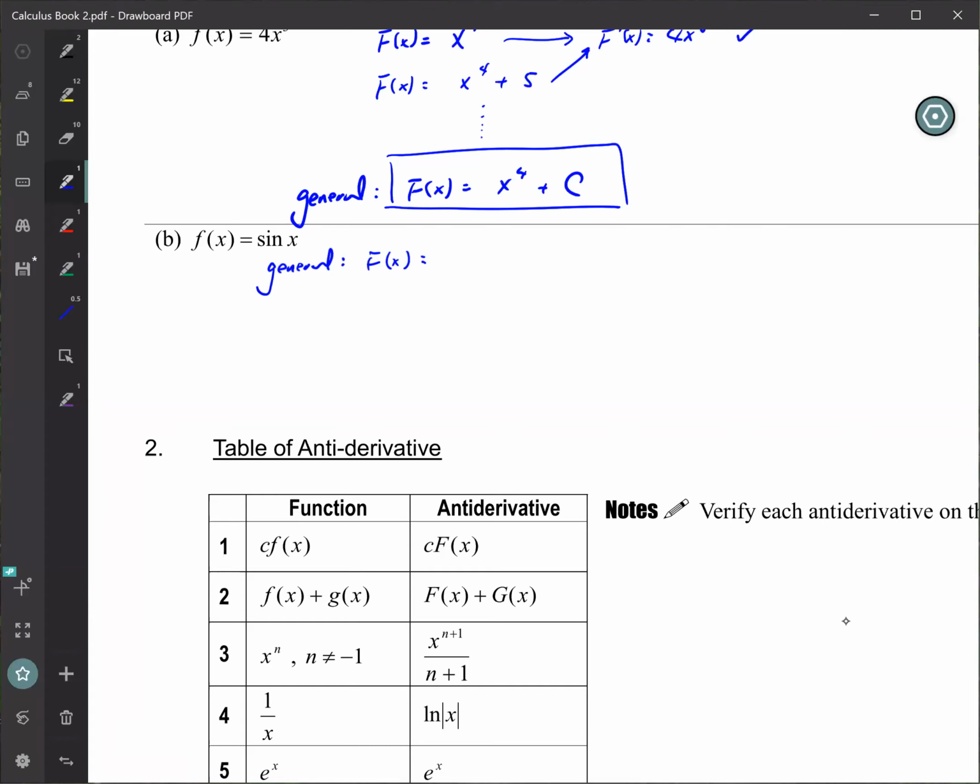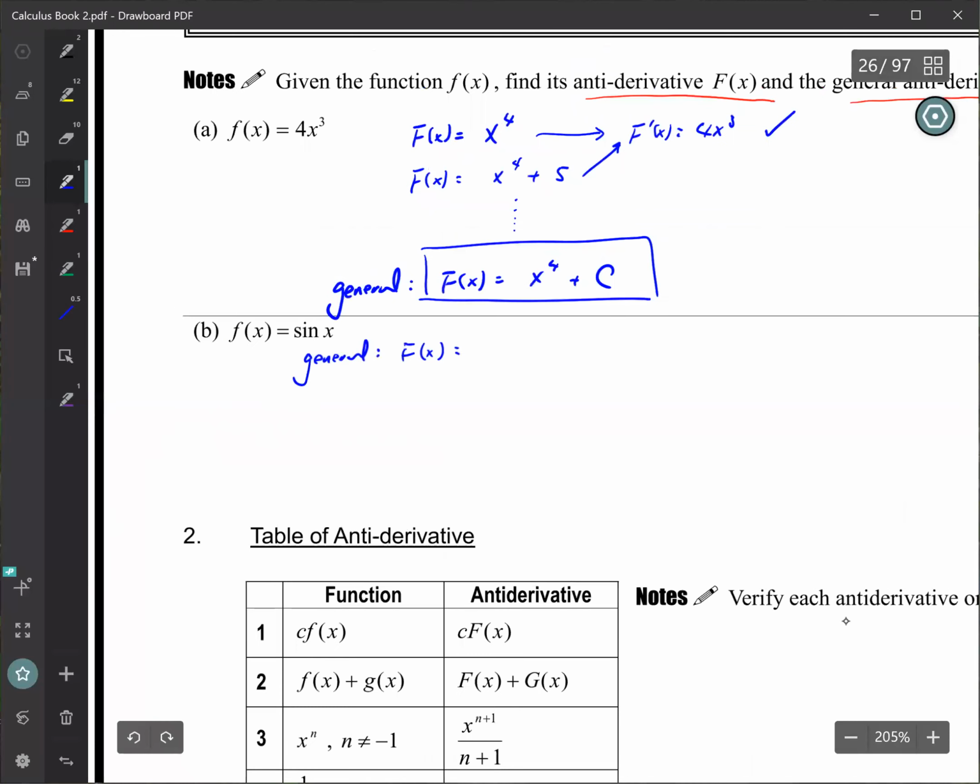Question? Anyone has questions? But how about the negative? Which negative? Because cosine x prime is negative sine x. Oh, you mean prime the cosine will be negative sine x, right? Yeah, so the cosine is not the antiderivative of that. So what do you?